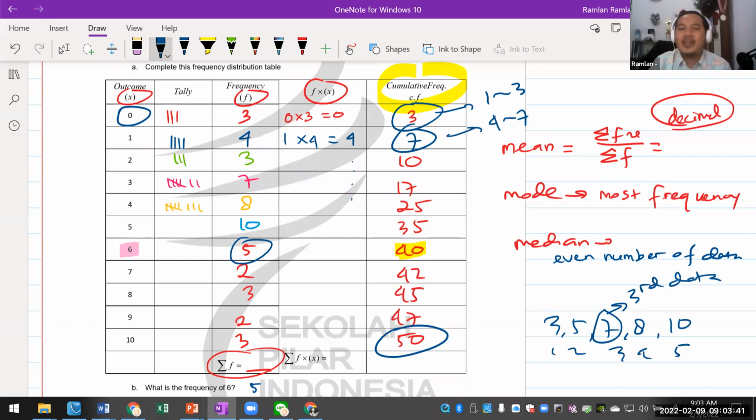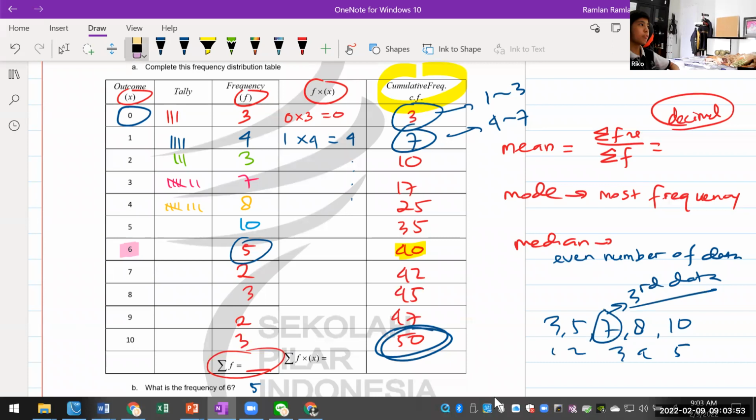And then the question, I have 50 data. In what data is the median? 25. Is it 25? It's because it's an even number. Oh, 25.5. 25.5 is 25 and 26, right? So data number 25 and data number 26, and then you add them and divide by 2.